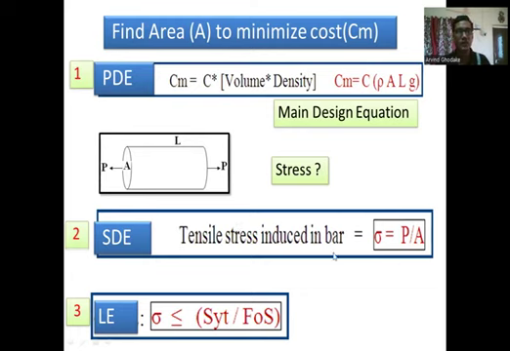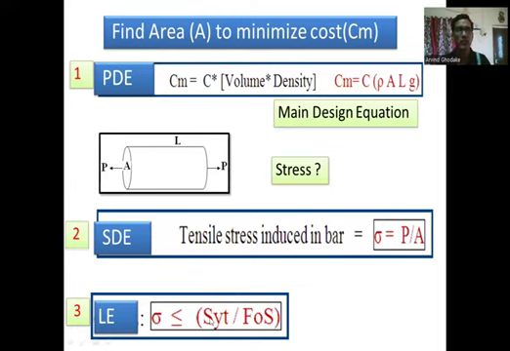So the tensile stress induced in the bar is given as sigma is equal to P upon A, where P is the load applied and A is the cross-sectional area of the material. So this is the second equation, subsidiary design equation. Then third one is the limit equation, that is sigma is less than or equal to SYT upon factor of safety. So this will be used as the limiting value for the stress.